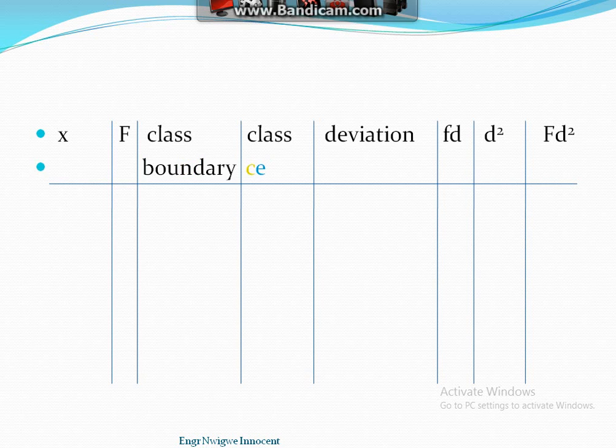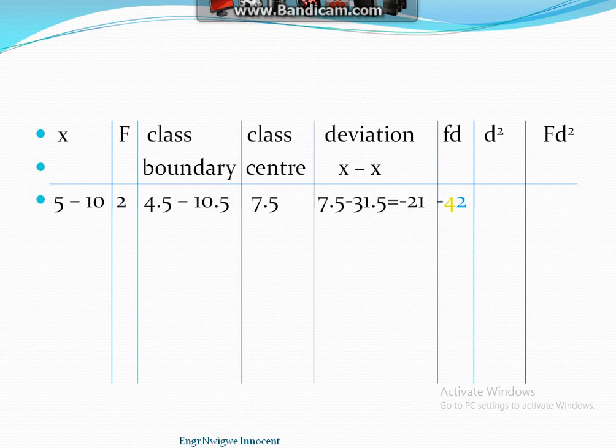We have the class boundary column, the class center column, the deviation column, which is class center minus the assumed mean, the frequency times the deviation column, the deviation squared column, and the frequency times the deviation squared column.